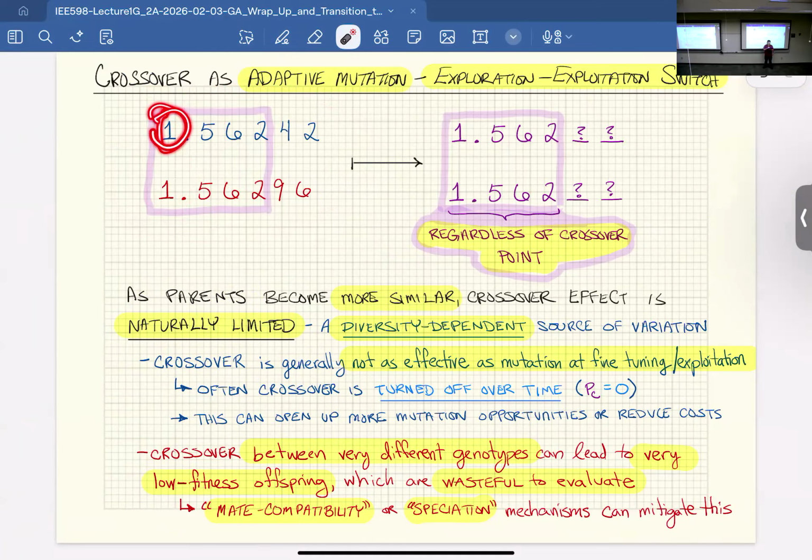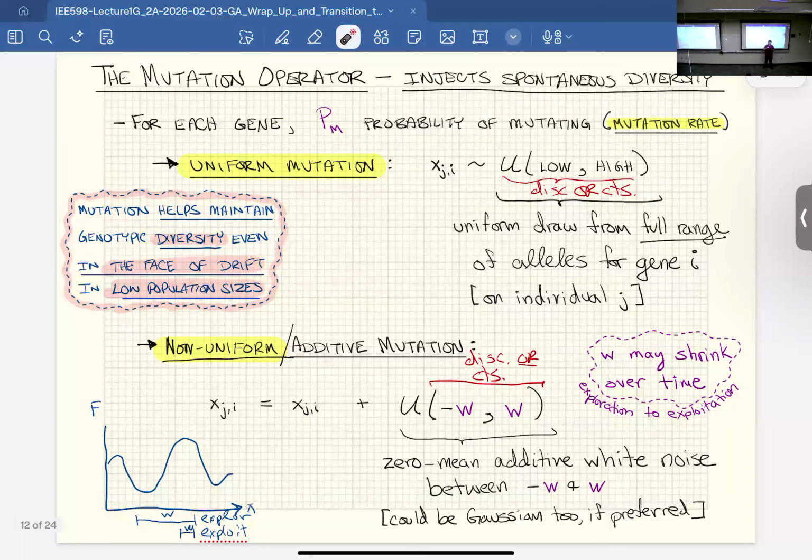But if you're negative, this digit can't go any lower than 0 or any higher than 0. So you have to be careful when you're mutating that you're mutating within the valid range. Other questions? Hopefully that's a more straightforward operator than the other operators. You're just adding noise.